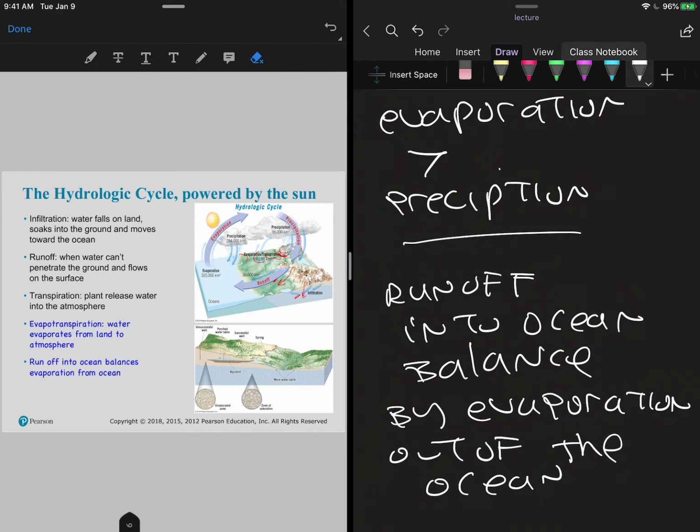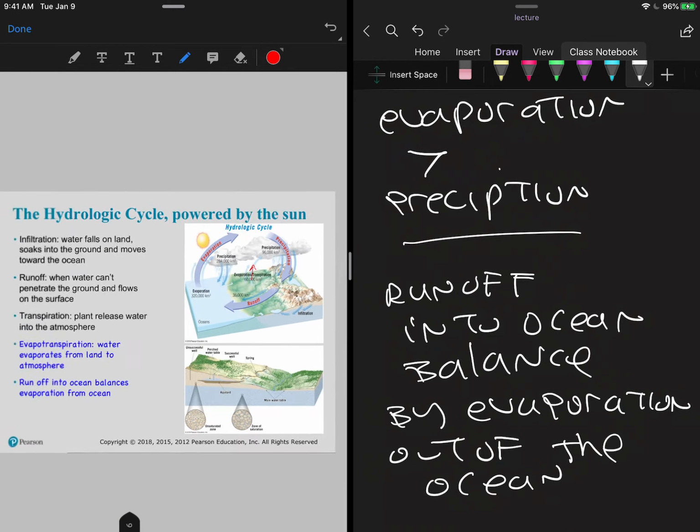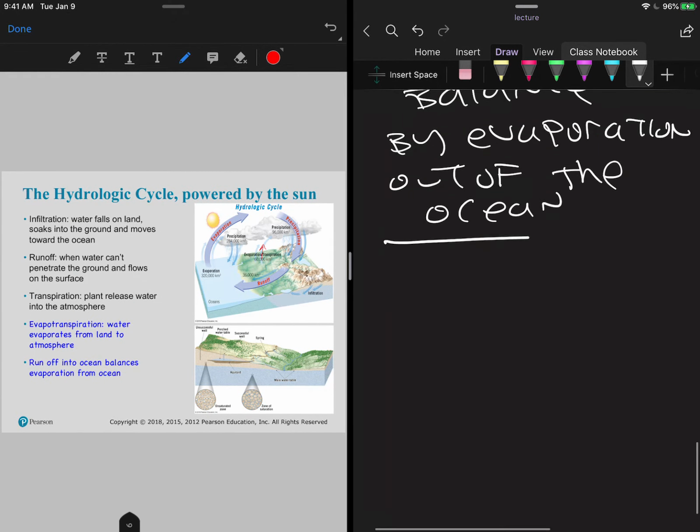There's another phase that we can talk about also. Water also evaporates from the surface of the land, a smaller amount, but it still does. We call that evapotranspiration. Transpiration means sweating, so evaporating by sweating. Plants sweat from their skin, as we do also.